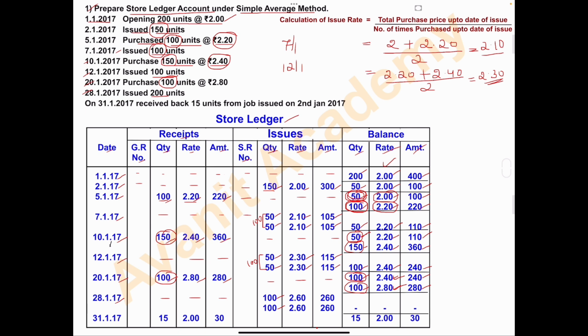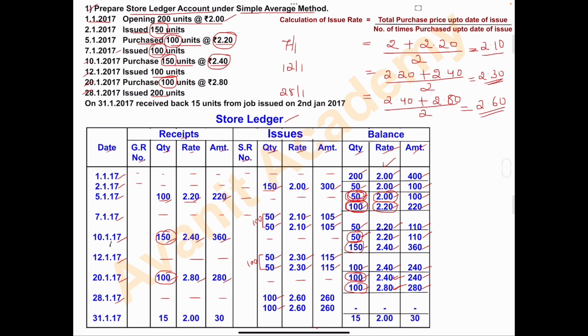Next we have to calculate the rate. So write here 28th January. What is the rate? 2.40 plus 2.80 divided by 2. Calculate this. 2.60.